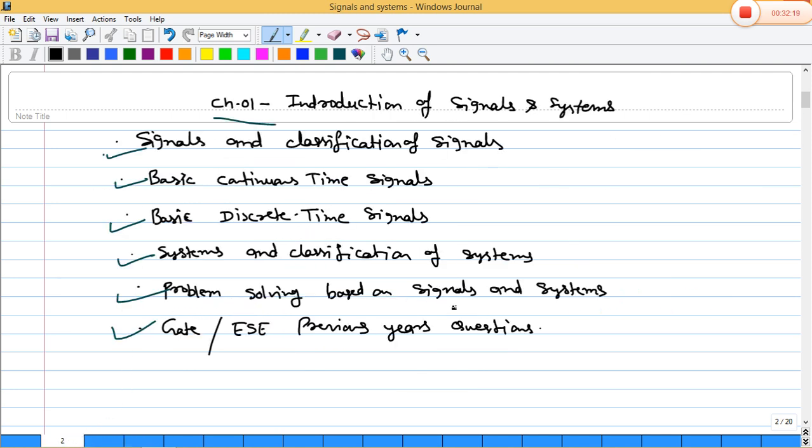Problem solving based on signals and systems I will discuss. So up to here I have finished. Now problem solving based on signals and systems and GATE previous year questions, that I will discuss in the next lecture.